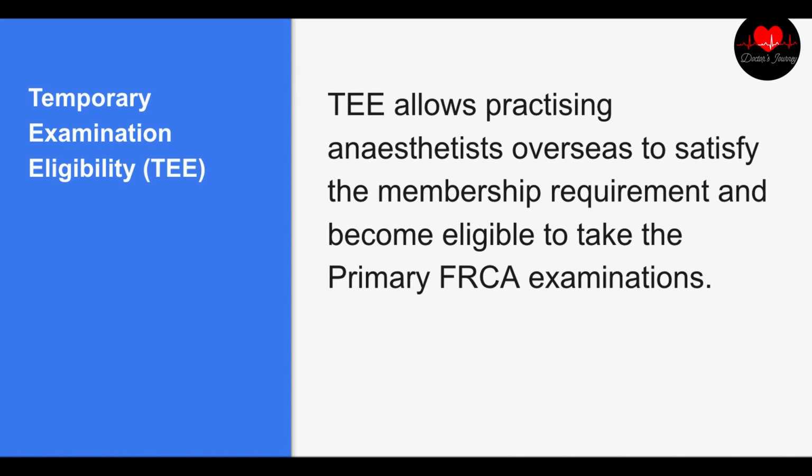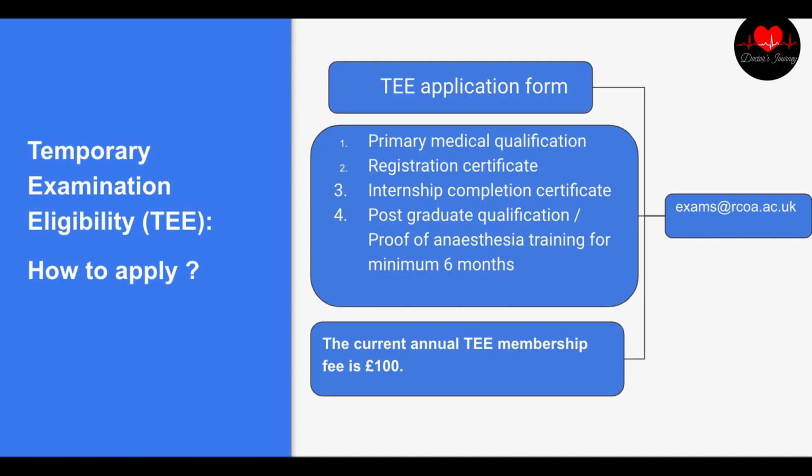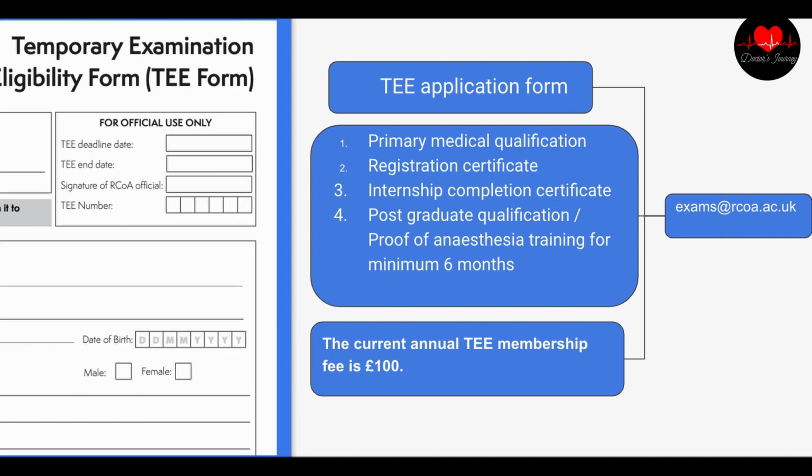This TEE allows practicing anesthetists overseas to satisfy the membership requirement and become eligible to take the primary FRCA exams. So the next question you can ask me is how to get this temporary examination eligibility. I've gathered information, and there is something called the temporary examination eligibility application form.